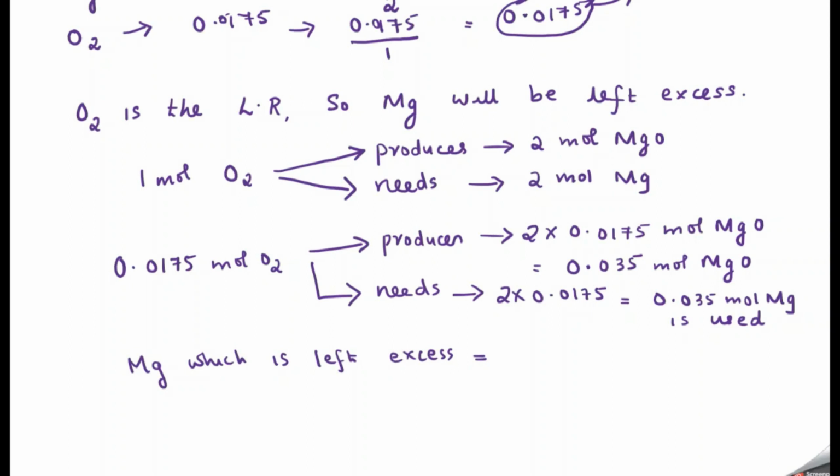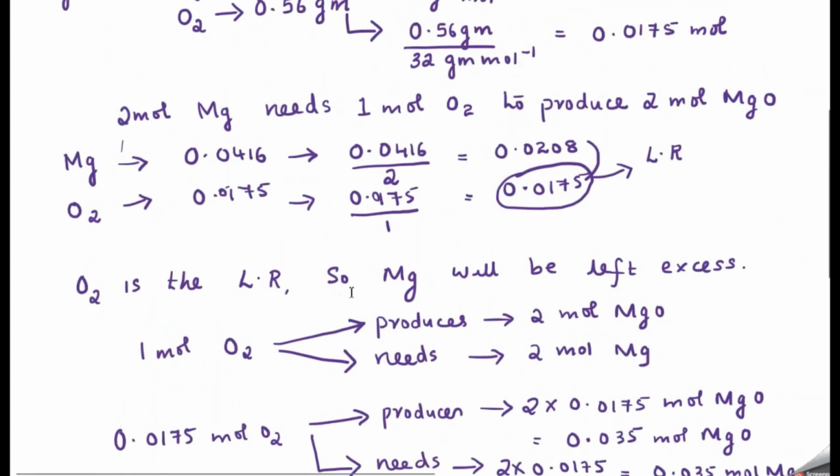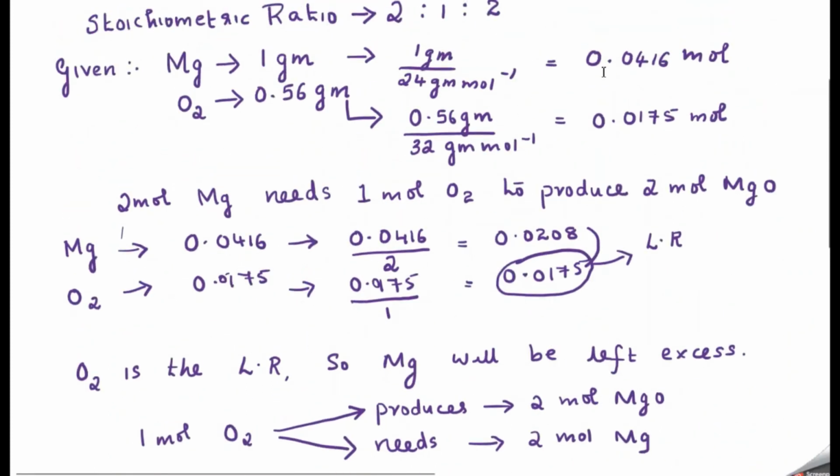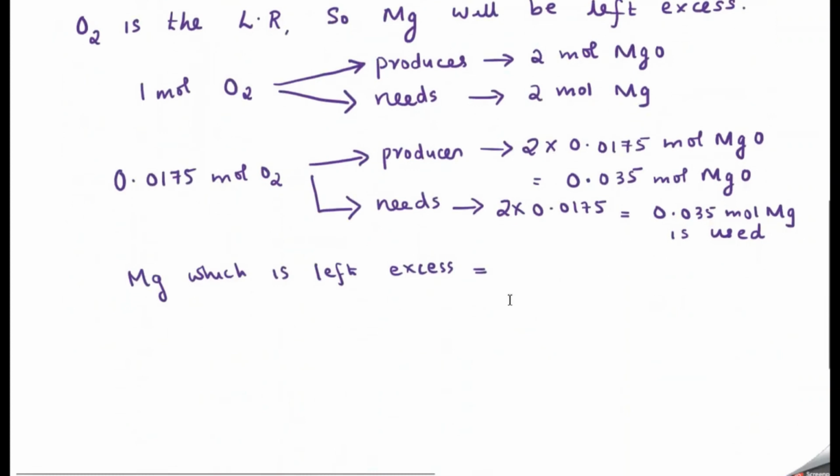So the initial quantity, if you see here, we have already calculated, that is 0.0416, correct? So if you see here, we have done 0.0416 mole. That was the given initial quantity. So we will take that as the initial quantity.